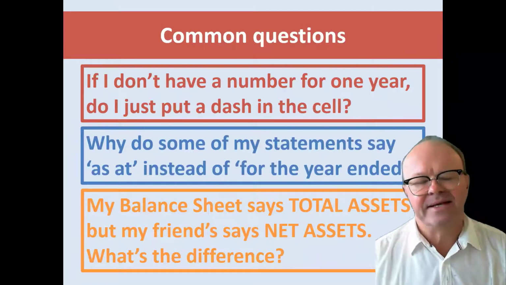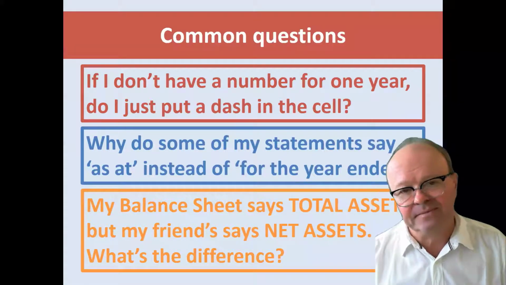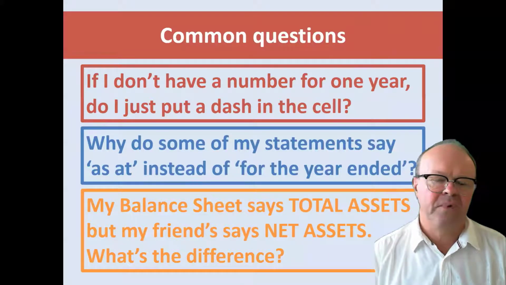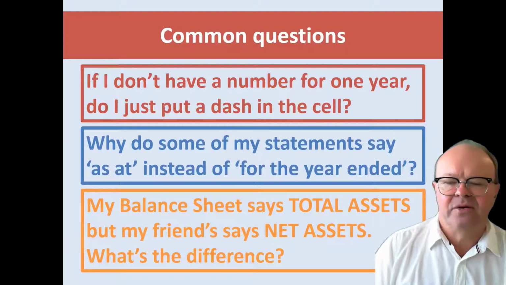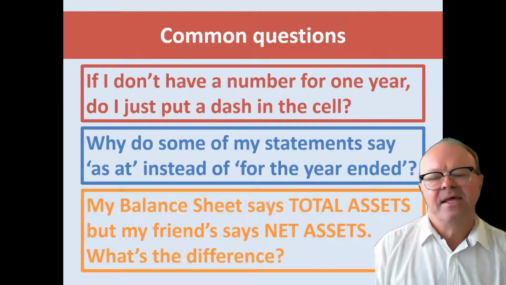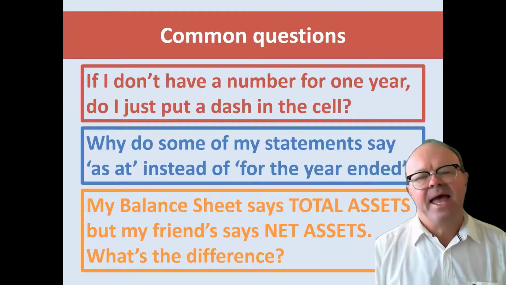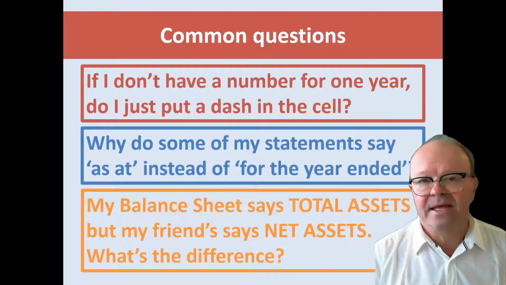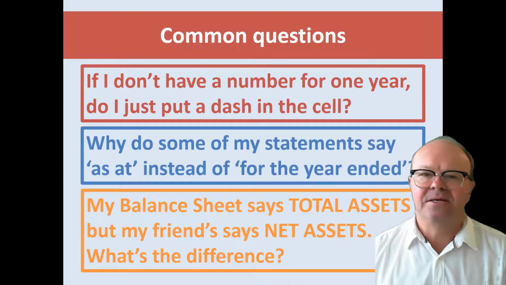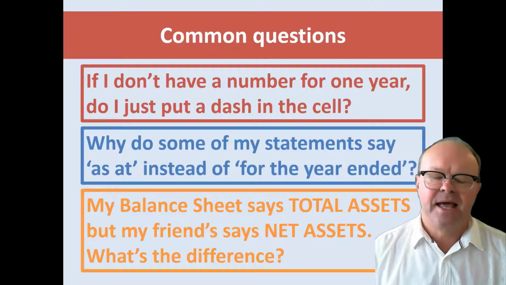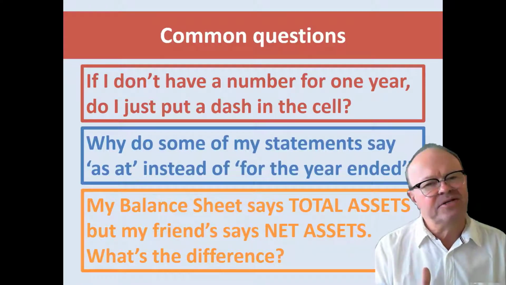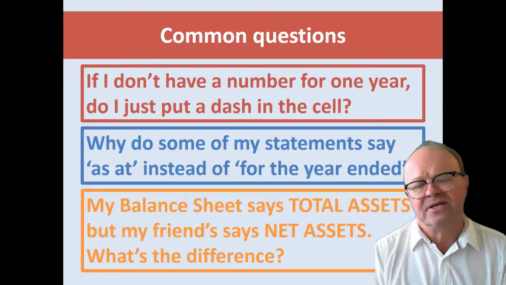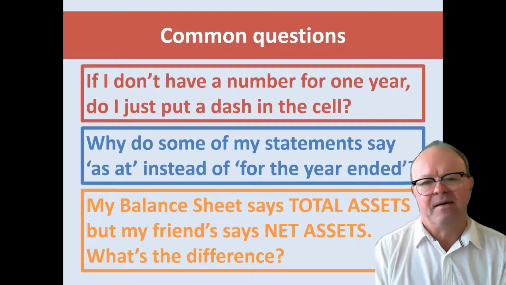And then they'll show the net assets and that will equal the equity, the total equity. So some people set it out like that, quite a few, and other people don't. They will show the total assets, then they'll show the total liabilities, and then they'll show the equity, and they may then show the total equity and total liabilities, which will equal the total assets. So there can be some differences in how the various financial statements are presented from company to company.